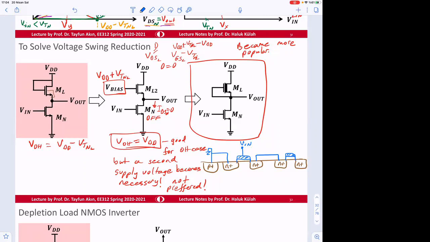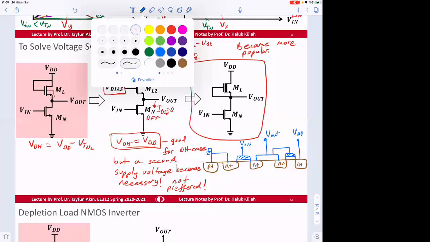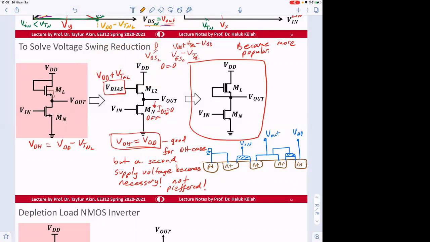Okay. And for the second transistor, connect this one to VDD. And this one, connect electrically to V out. And this is going to be our V out. Okay. So a simple addition here of N minus, lightly doping that layer, gives us this depletion load.